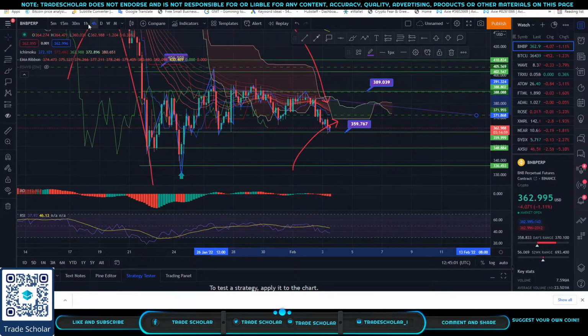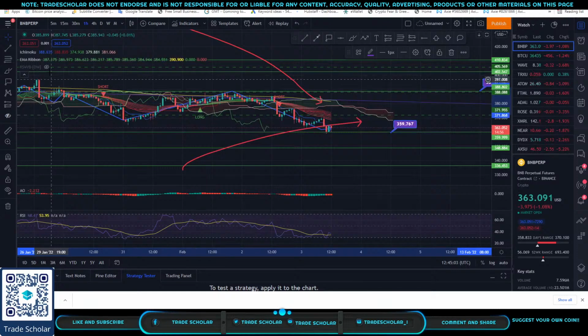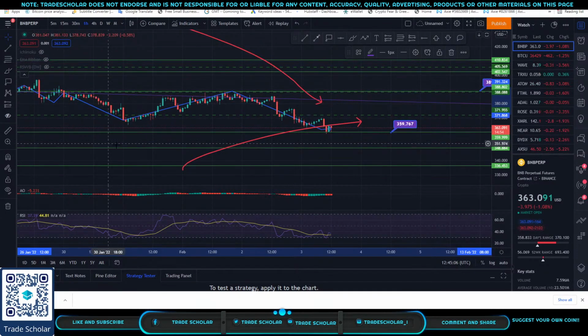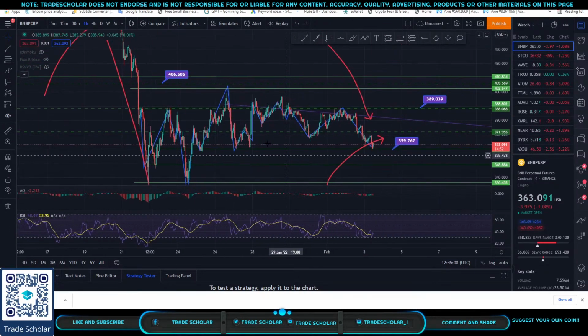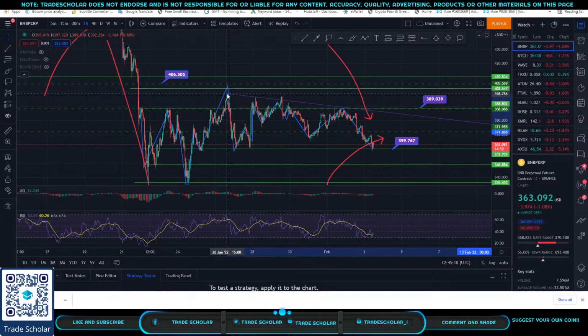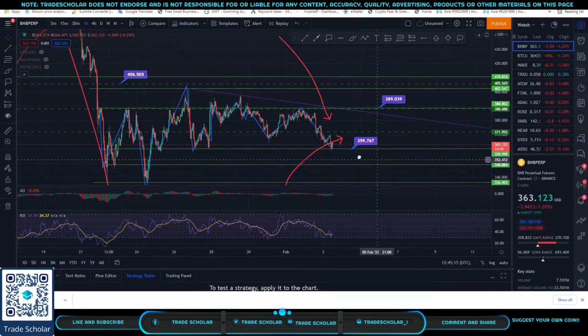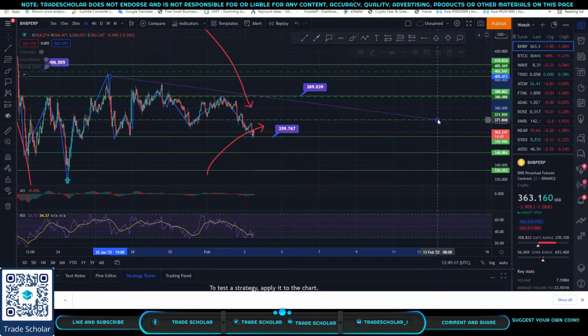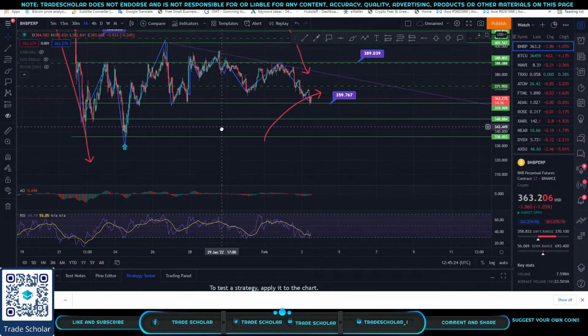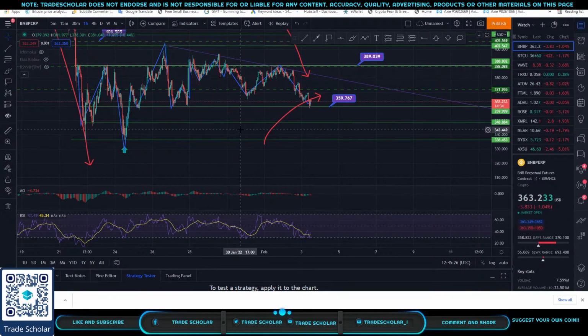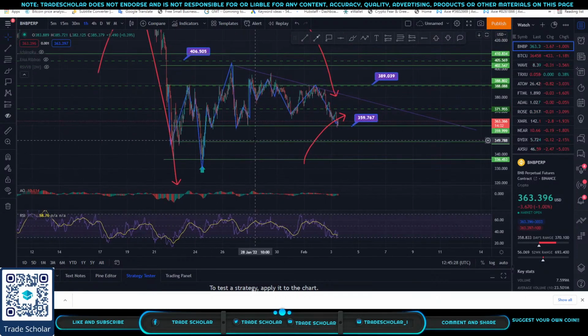Remove this. Okay. Looks like this looks like a triangle here, and then right here.